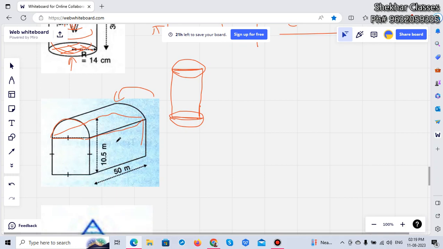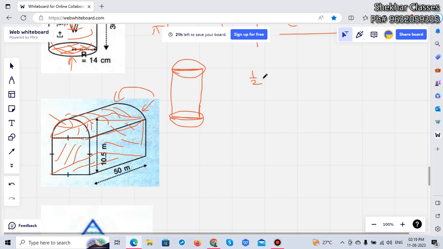So basically, if you have to find the curved surface area, then you have to find the surface area of this side, even the back side, this side here, and this side, area of base here, this one, and half the curved surface area of cylinder. Got the point? Half the curved surface area of cylinder.